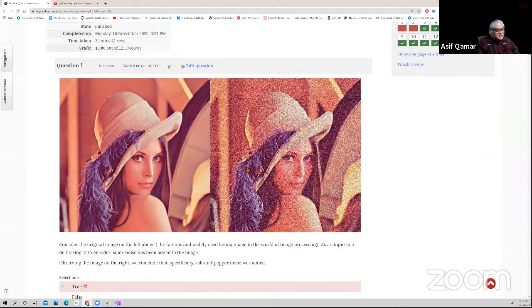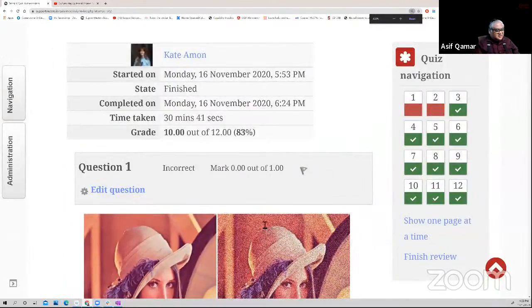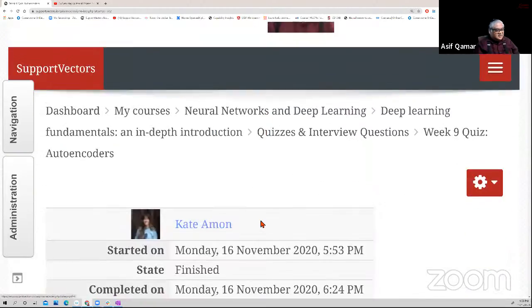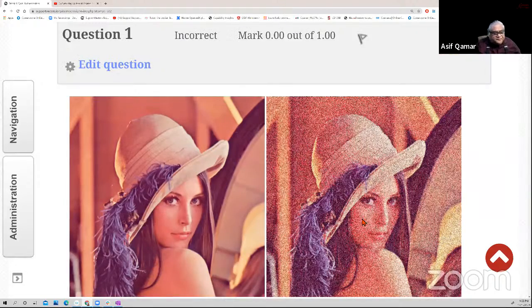So how would you know? I'll zoom in for you. That's why I put a relatively high resolution picture here. The way to tell is, you look at this noise. For example, look at the cheeks here. And you look at the noise on the cheek. Are those noise black and white in color?